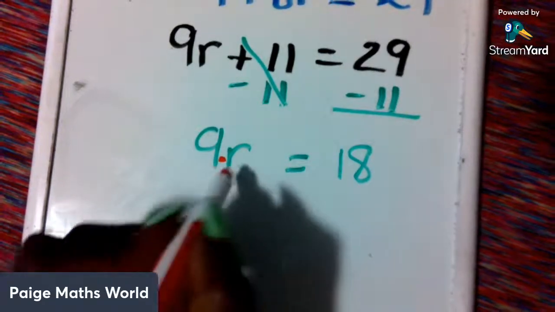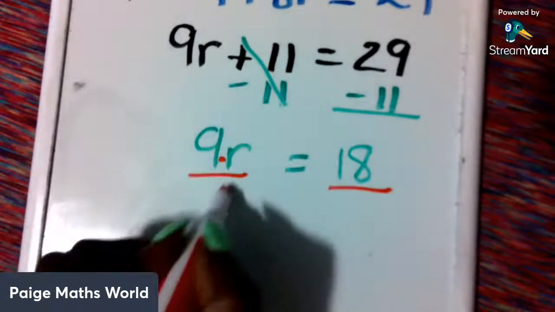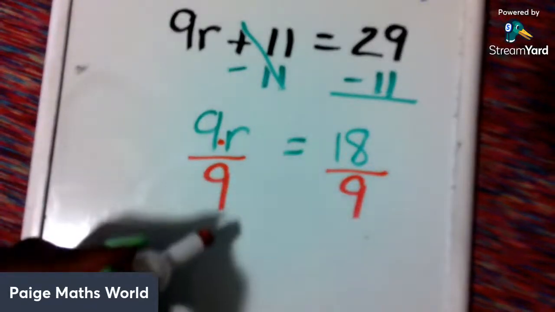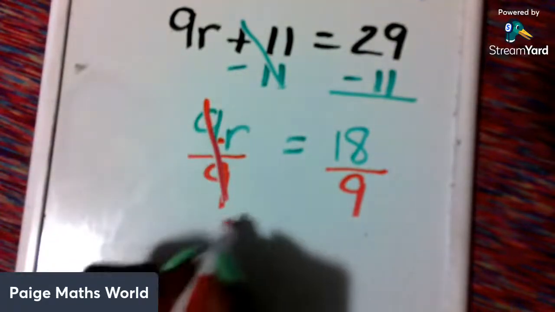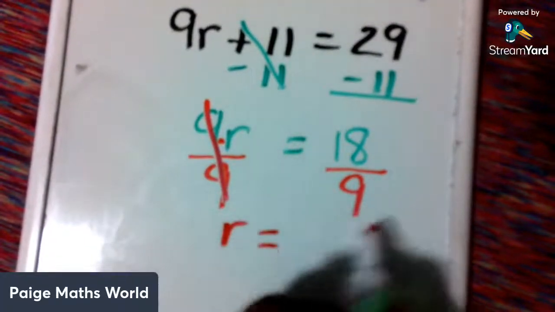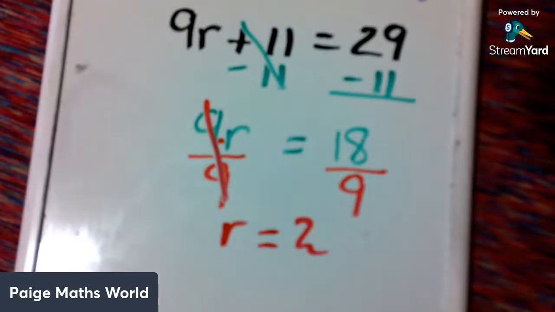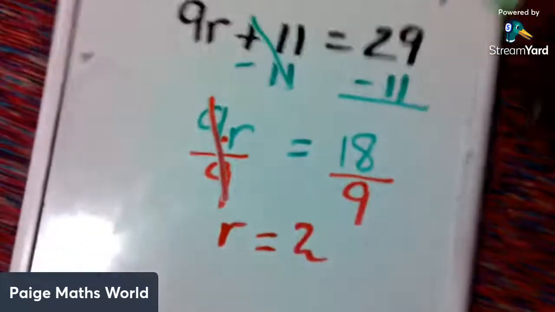And the opposite of a multiplication is dividing, right? So we're going to divide both sides by 9. So 9s will cancel. What is left is r, and r is equal to 2. Why 2? 9 divided into 18 is 2. 2 9s, 18. And so r is equal to 2.